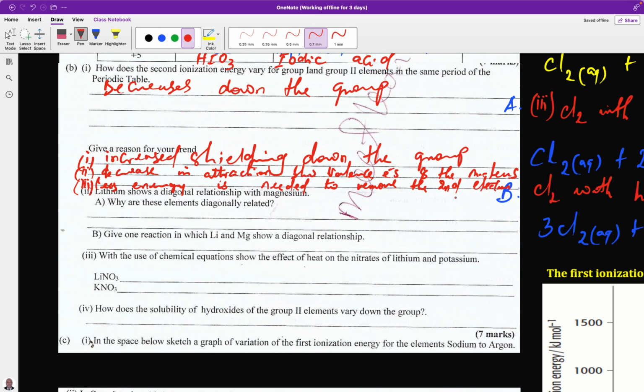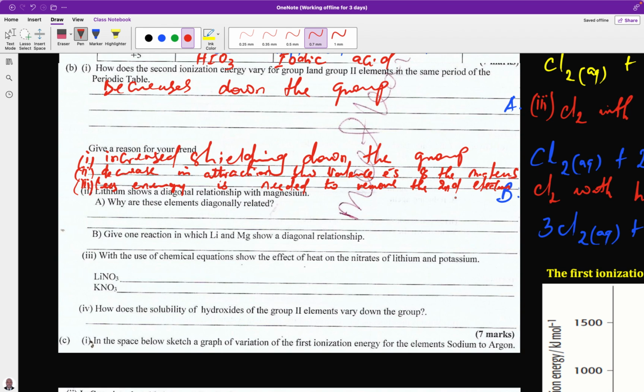In the second section, we are told lithium shows a diagonal relationship with magnesium.